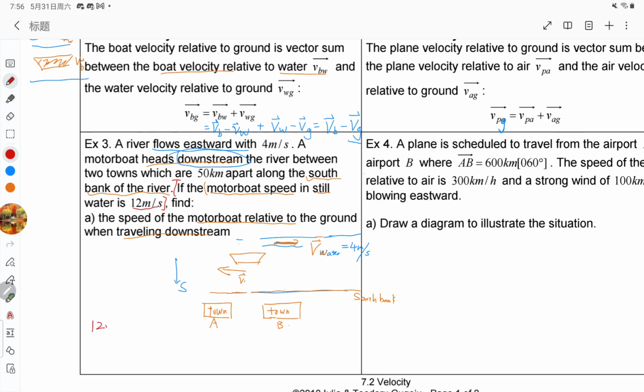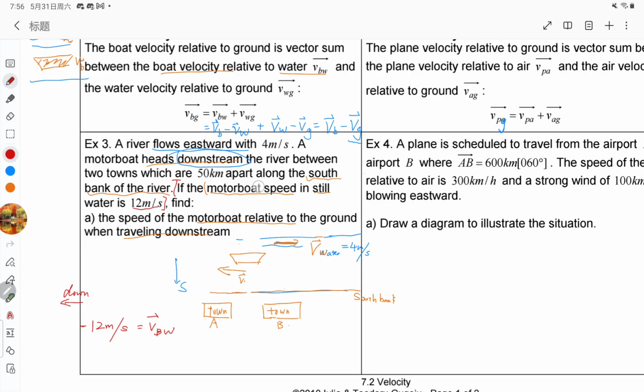So 12 meters per second and downstream, right? Downstream, I'll just say minus, okay? So is this the VB, the V boat, or the VBW, right? So this probably should be the VBW, right?